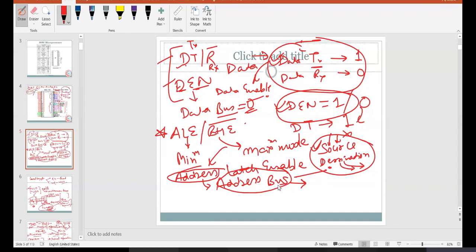Agreed? But just imagine that the address bus is not ready. Fine. So just imagine postman को एक बैग मिला पोस्ट ऑफिस से.